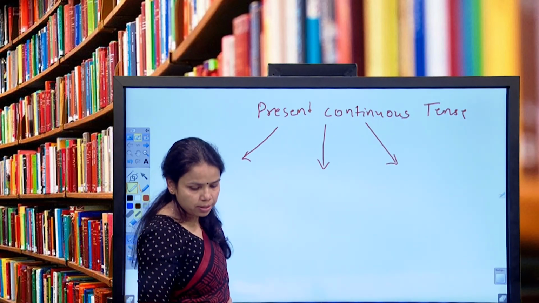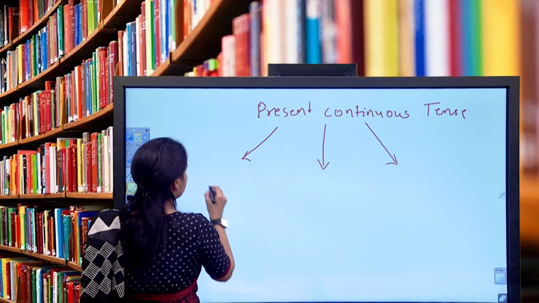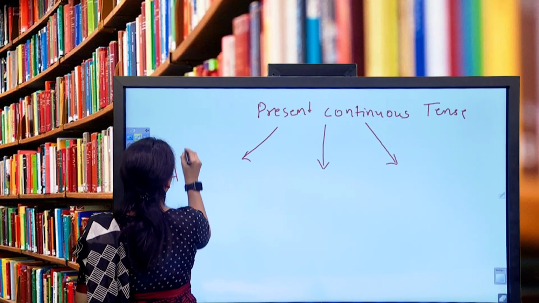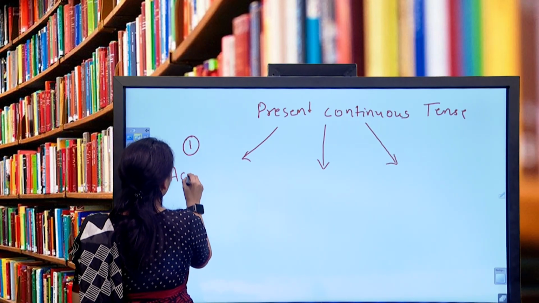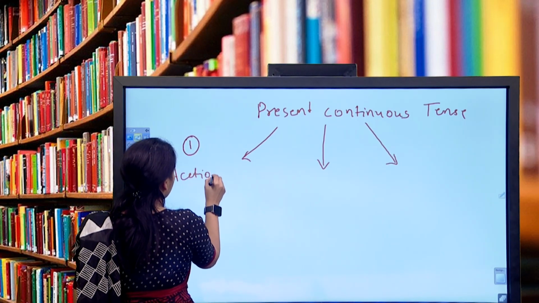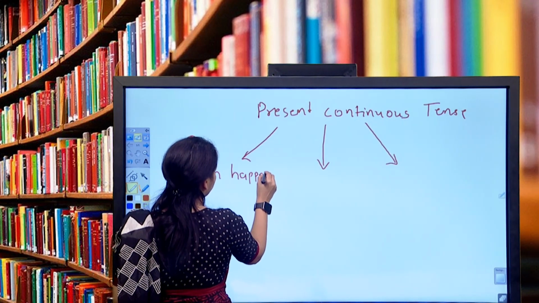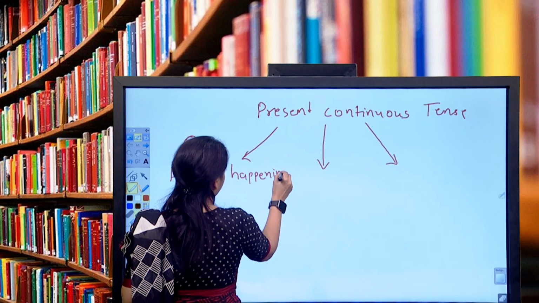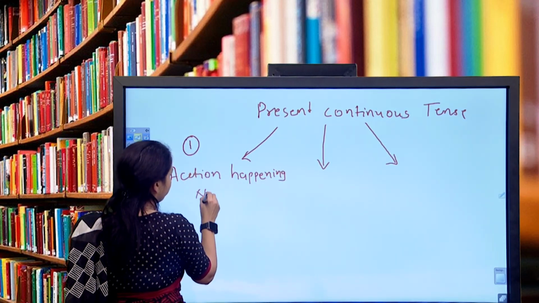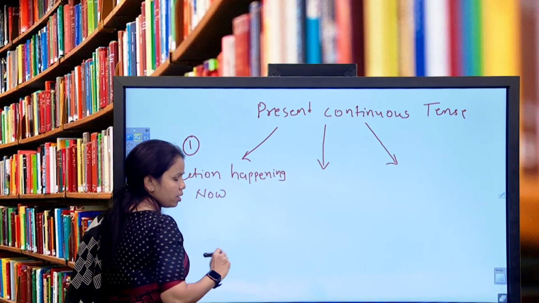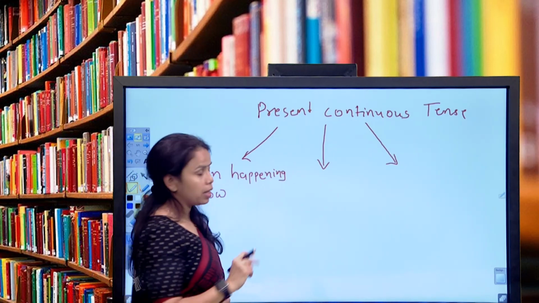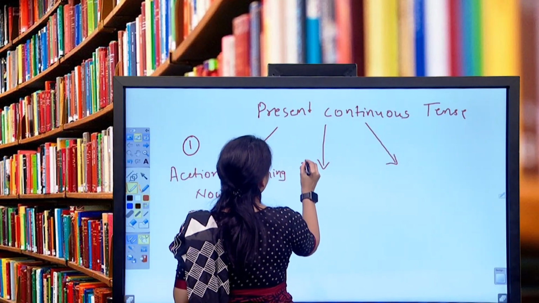The first one is, first use is action happening now. Second use is temporary activity.